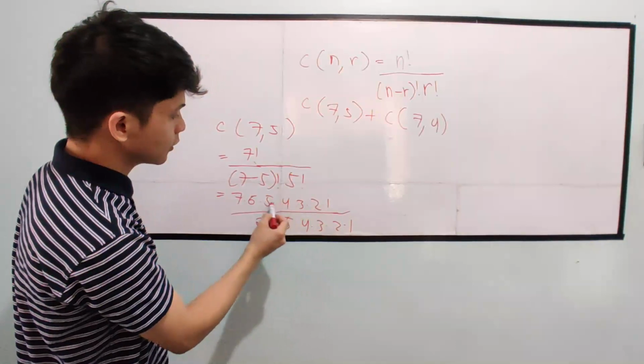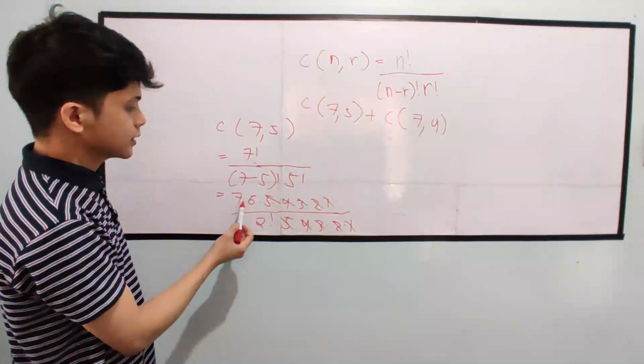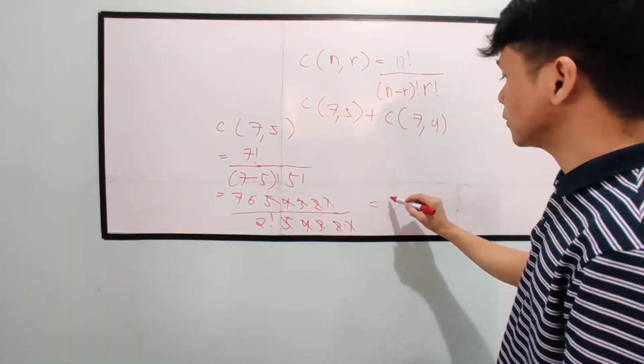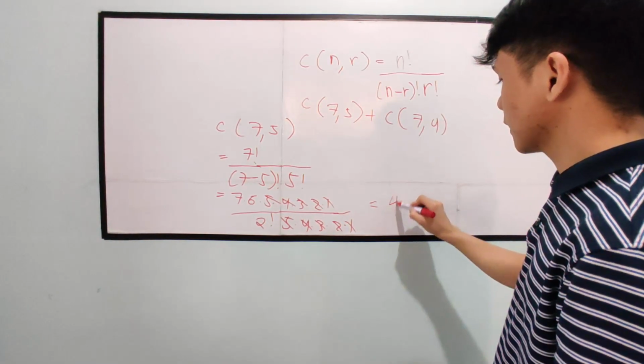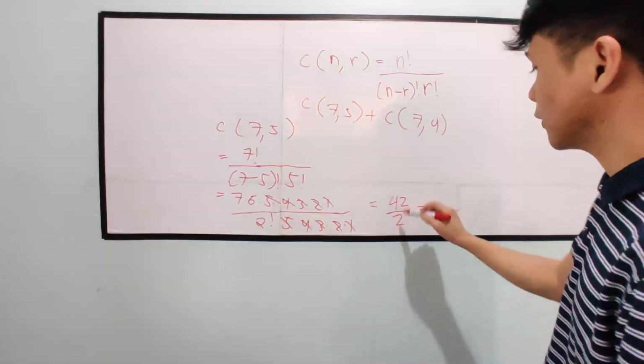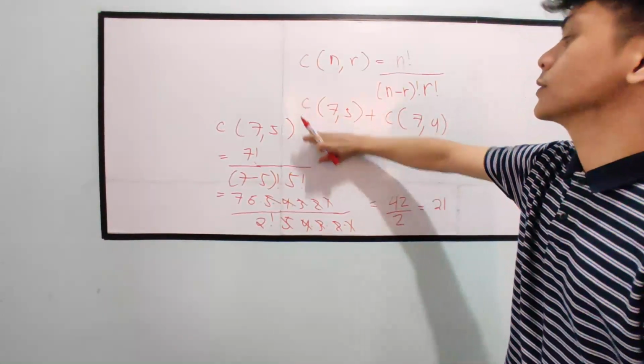So, cancel na natin to. Patitira na lang is 7 times 6 is equal to 42, divided by 2 factorial, which is 2. Then, 42 divided by 2 is 21. Okay? Ito na yung value ng combination of 7 taken 5.